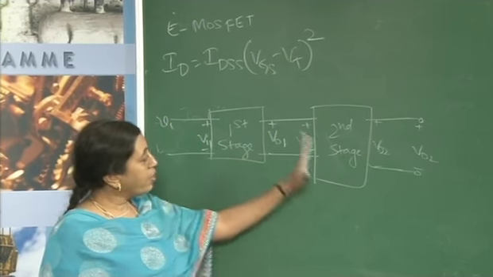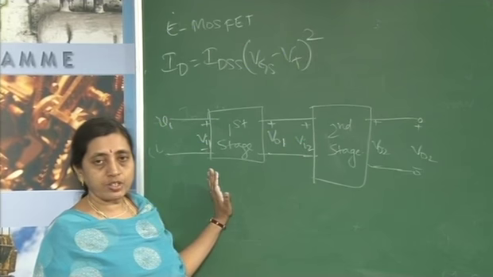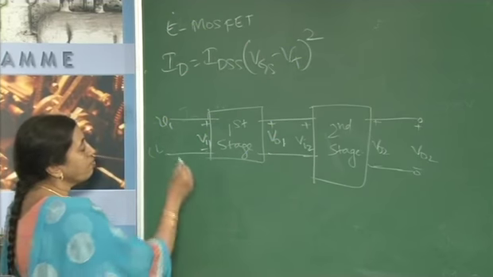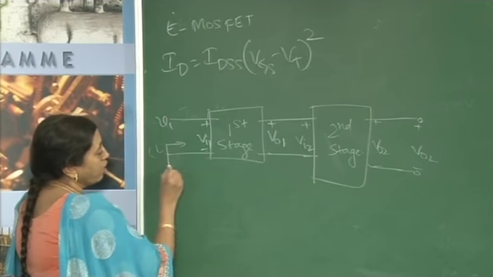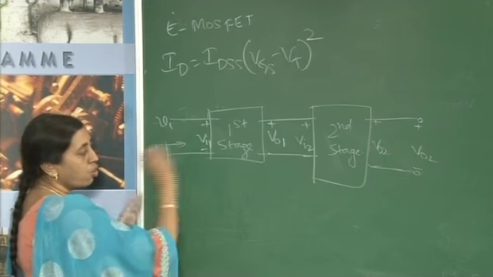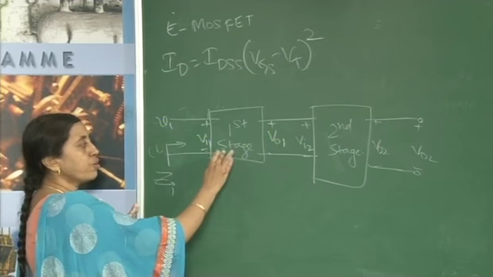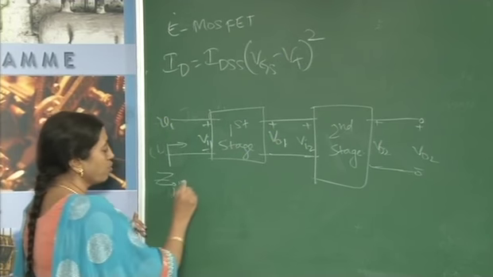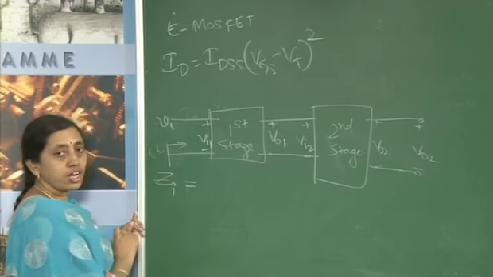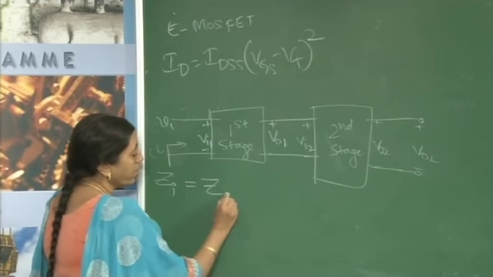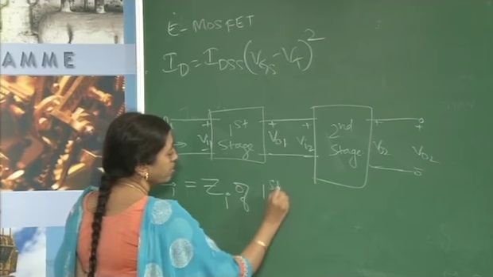Now, what will happen to the AC parameters of such multi-stage amplifiers? In such situations, the input impedance of the overall cascaded configuration will be that of the input impedance of the first stage. So, Zi, the total input impedance, is nothing but the input impedance of the first stage.